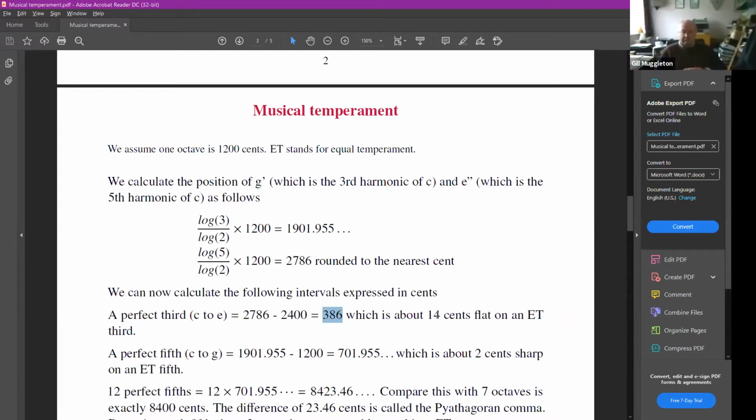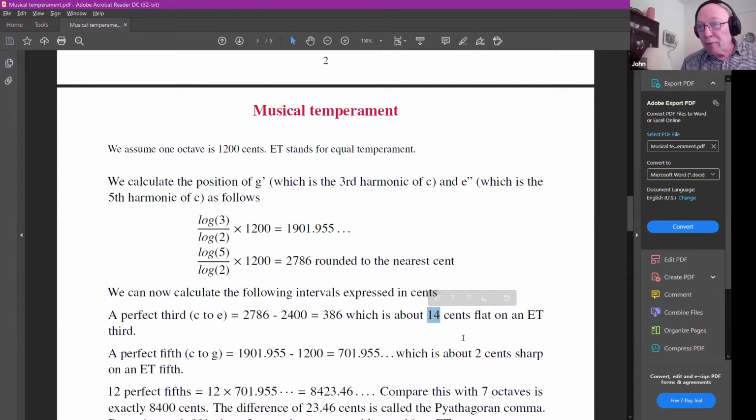So the perfect third is 14 cents flat on equal temperament, which is remarkable because I remember when I was at university, I heard from the choral scholars at King's, David Willcocks always saying he wanted his thirds higher, please.